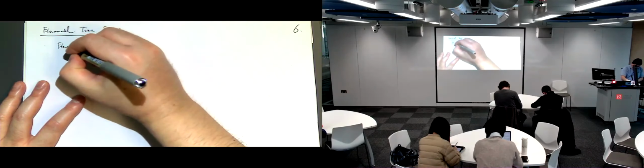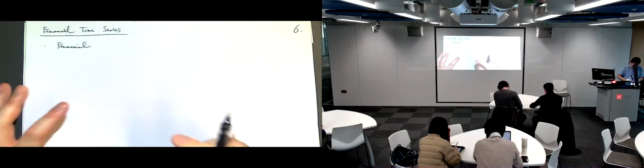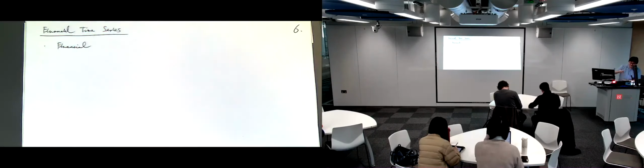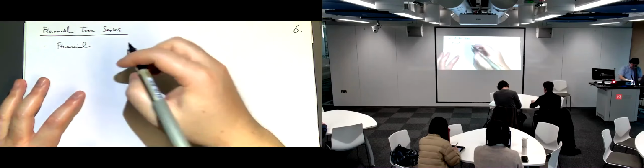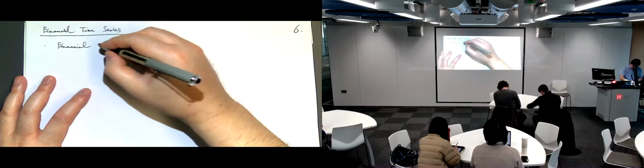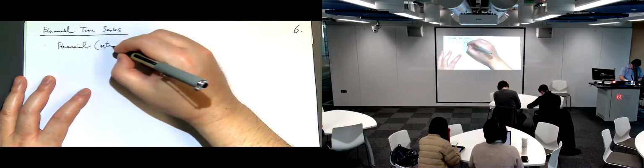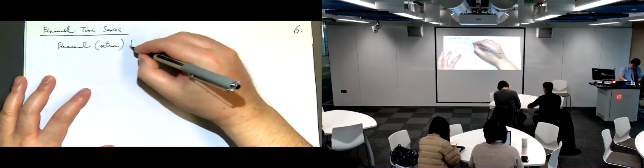Usually when people talk about financial time series, they don't refer to the London house price data that we talked about. They really talk about financial price data or financial return data.